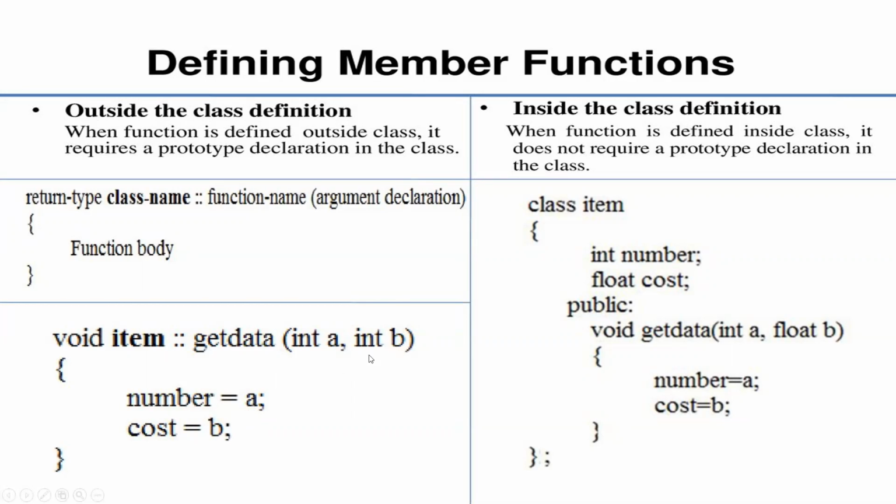What you have to see is the syntax when you are defining it outside the class, you are defining it inside the class. अब inside the class देखो, हमारी क्लास कौन है, आइटम, नंबर और कॉस्ट डेटा मेंबर्स हो गए.